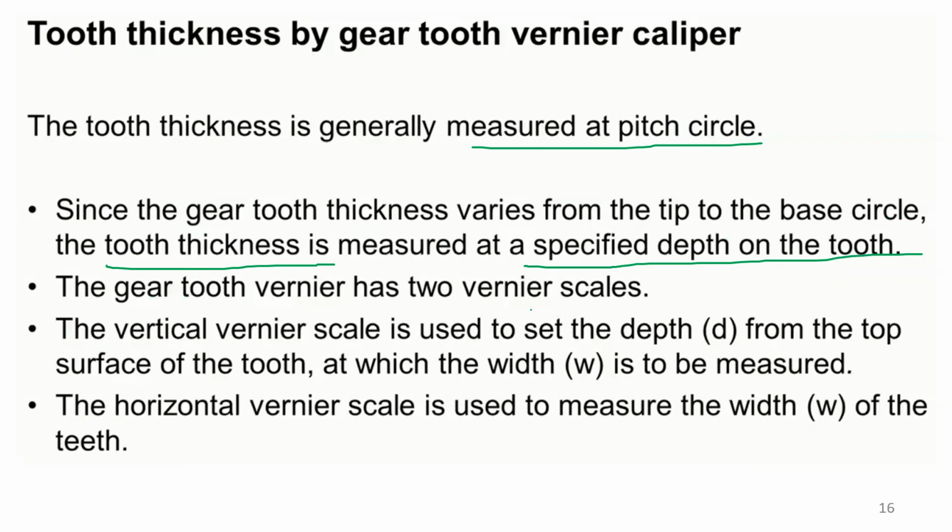The gear tooth vernier has two vernier scales, one vertical and another horizontal, at right angles to each other. The vertical vernier scale is used to set the depth, the chordal depth, from the top surface of the tooth at which the width W is to be measured. And the horizontal vernier scale is used to measure the width W of the tooth.